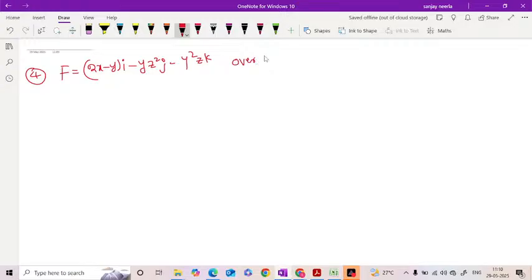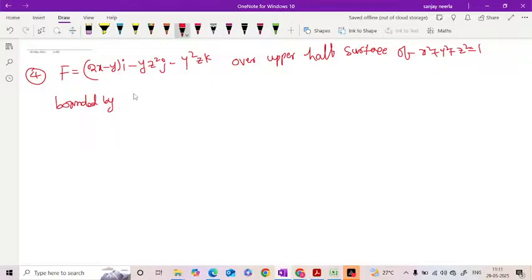Over the upper part of the surface of the sphere x squared plus y squared plus z squared is equal to 1, bounded by, with projection on the xy plane.